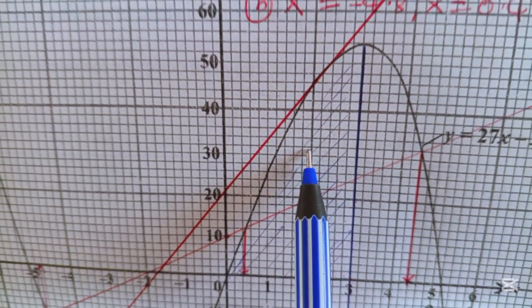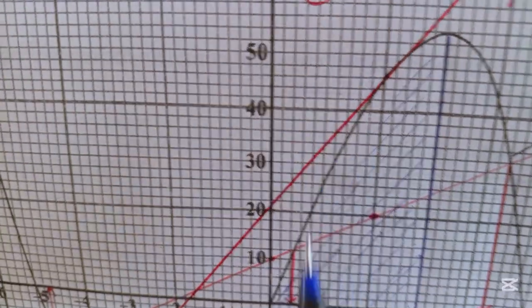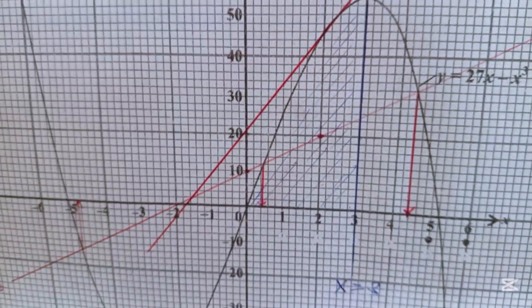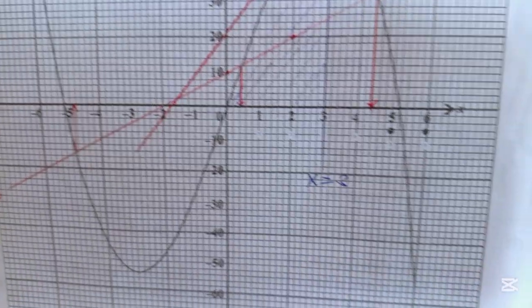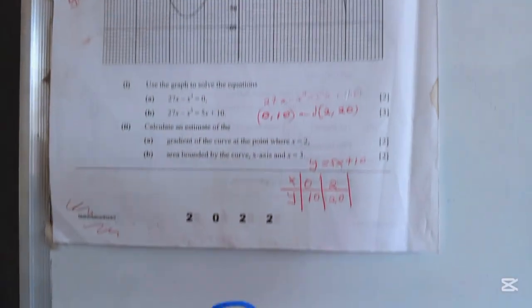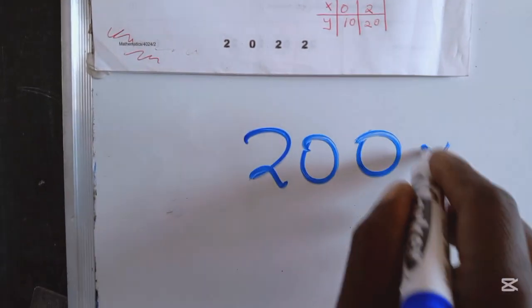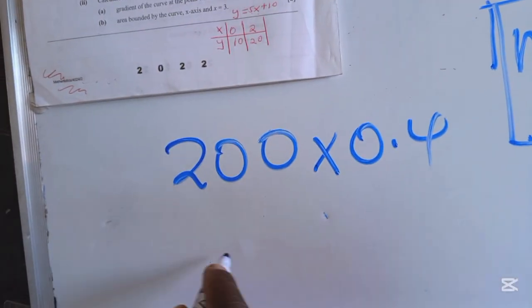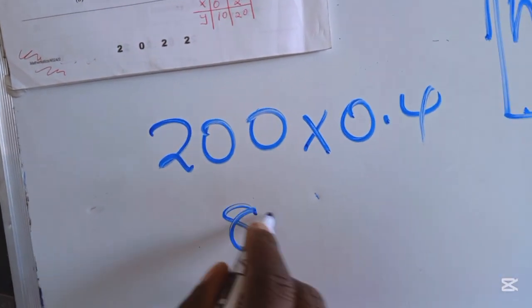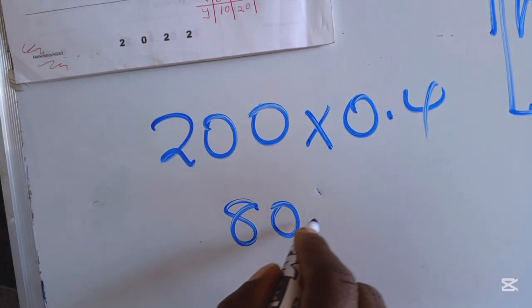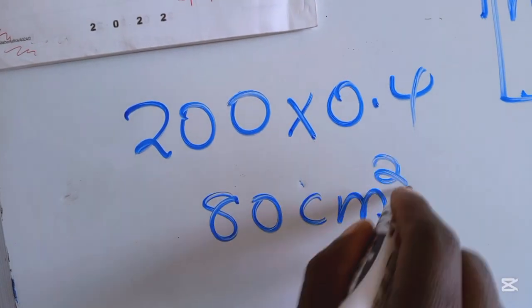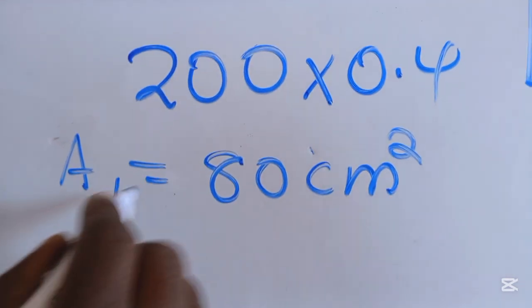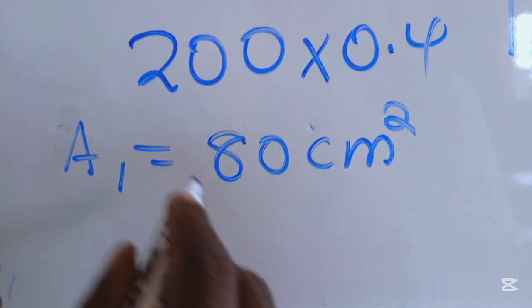After getting that 28, this is what you do. If you want, you can do it on your graph paper, but I just want to do it on my board. You take the total of all the boxes and multiply it by 0.4, which is the area of each box. Then the number that you get is 80 centimeters squared.